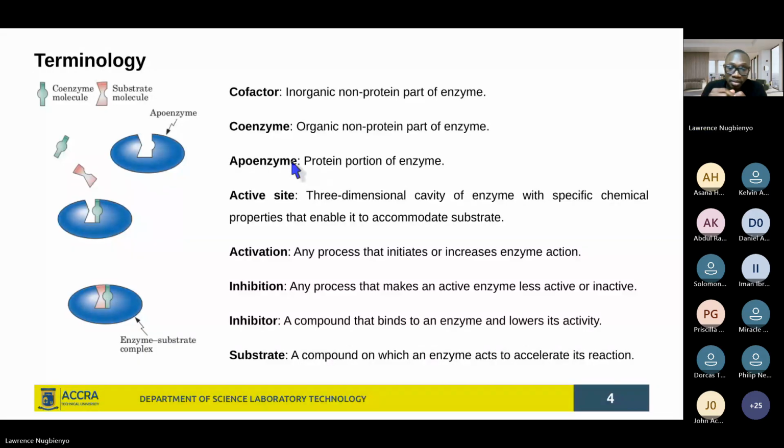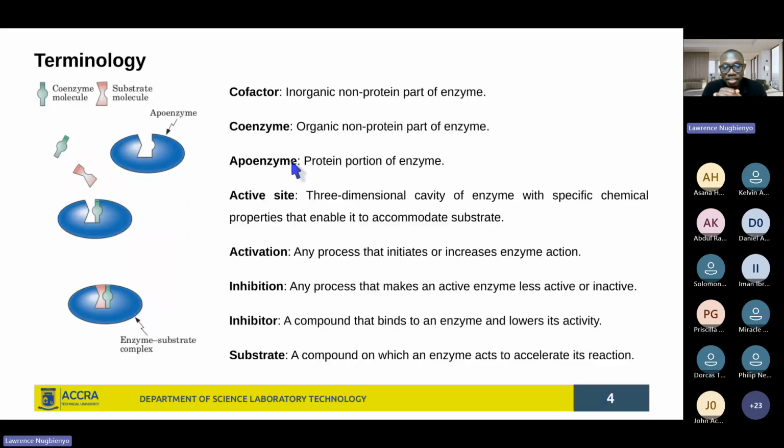And any compound or any chemical entity that carries out inhibition is an inhibitor. The same way for activation. Any chemical entity that will initiate or increase the activity of an enzyme is an activator. So for instance, there are some of these metal ions that we refer to. They are activators of the enzyme.